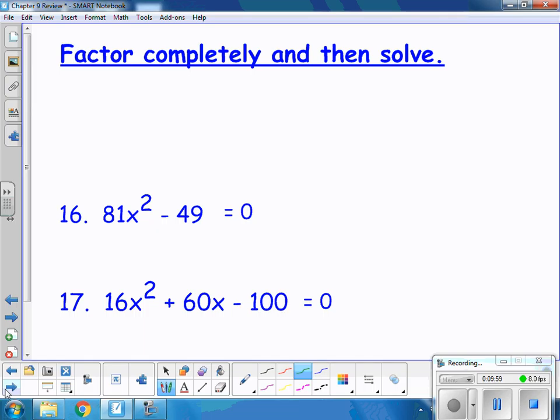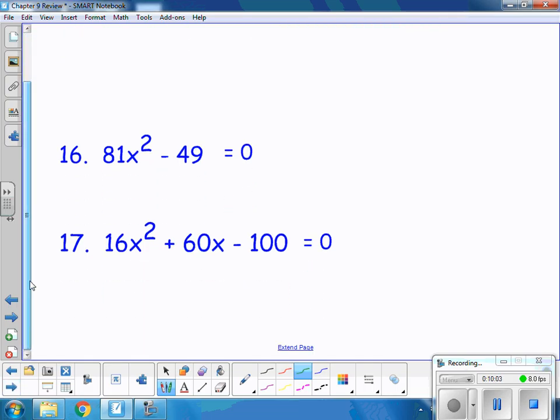Oh, factor completely. Oh yeah, we can do these. On number 16 here, okay, they're locked. That's okay. We can work with these. On number 16, I can see it's already zeroed out. I see some nice perfect squares worked out here. So this equals 9x squared minus 7 squared equals 0.